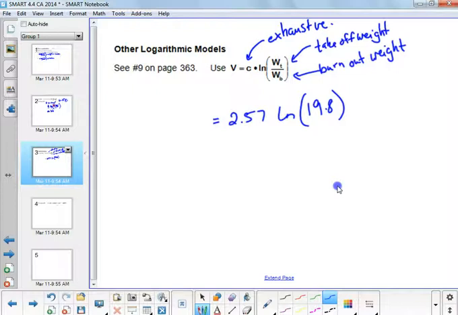We would calculate this to 2 decimal places, so just carefully type. And you got 7.7. Kilometers per second is our label, going off the label that was in the other part of the question.